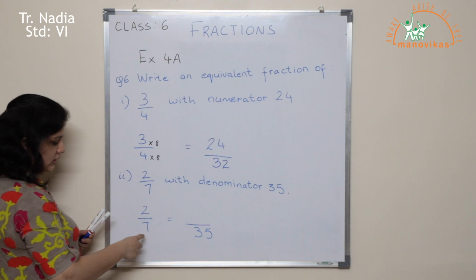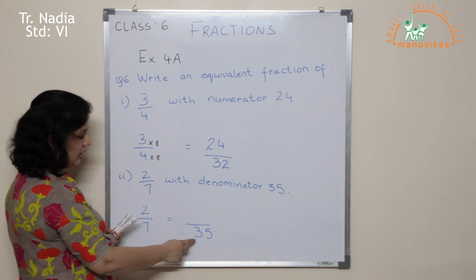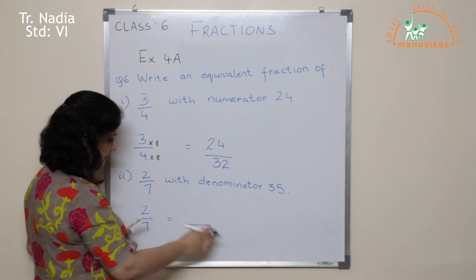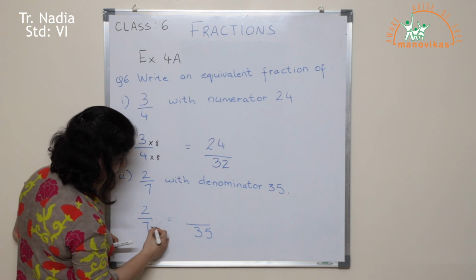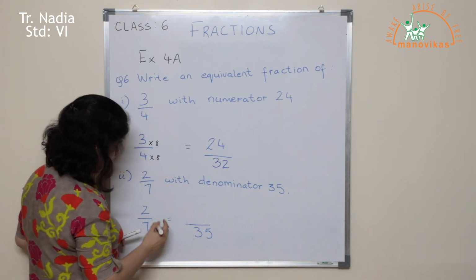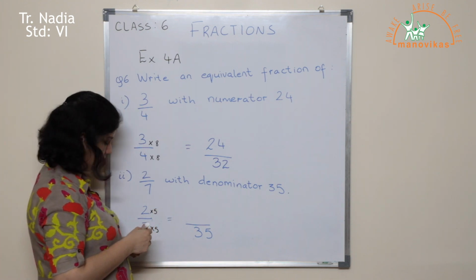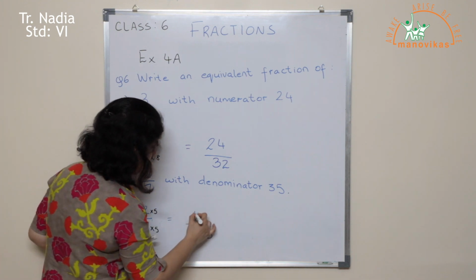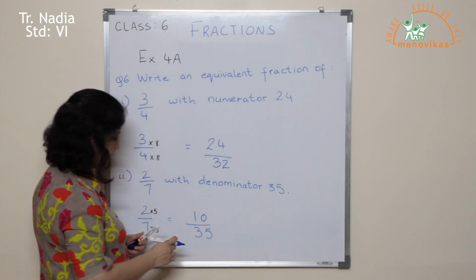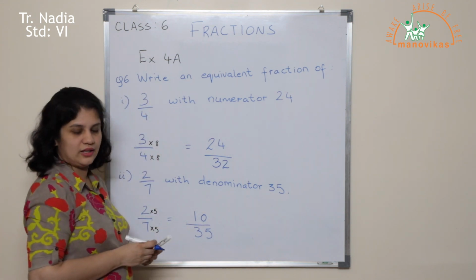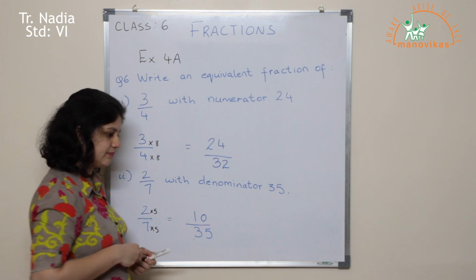Originally it was 7, it has to become 35. Now from 7 to get 35, I need to multiply it by 5. So if I multiply 5 in the denominator, I need to multiply 5 in the numerator as well. So the new numerator is going to be 10. So 10 upon 35 is the required fraction.